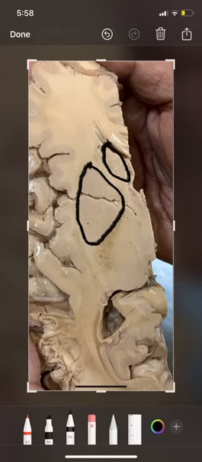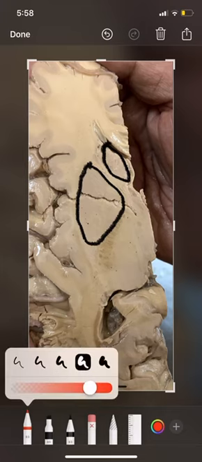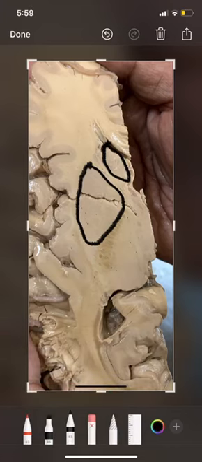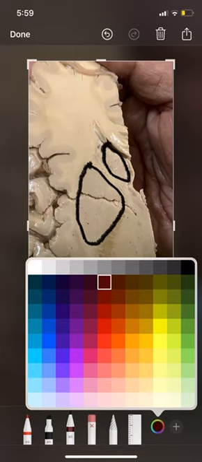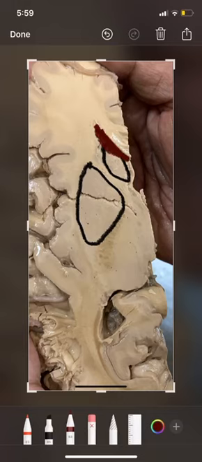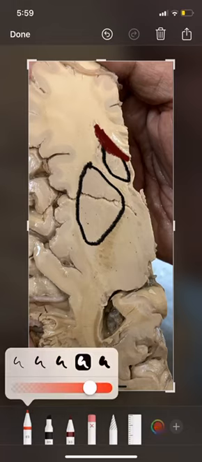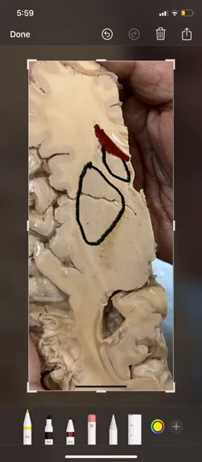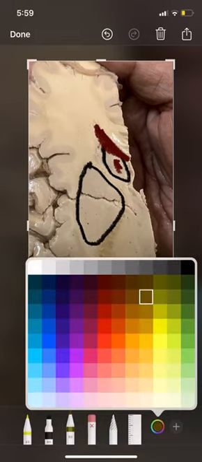Head is the anterior expanded part and forms the floor of the anterior horn of the lateral ventricle. So this is the anterior horn of the lateral ventricle, and it forms this head of the caudate nucleus, which forms the floor of the anterior horn of the lateral ventricle.